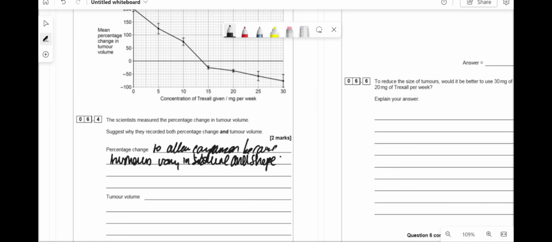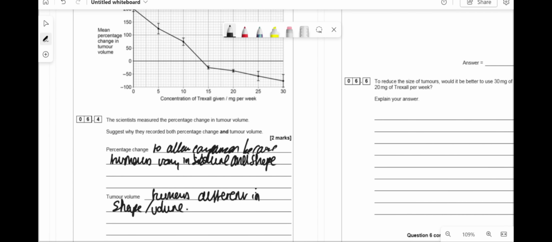Some are going to have more tumor, and some are going to have less. So that's the percentage change. The tumor volume is because tumors are different in shape or volume, because not everyone's going to have the perfectly same tumors at the same time. So recording tumor volume and shape allows them to make those comparisons and say, yours has gotten bigger or smaller, not yours is this and yours is that.